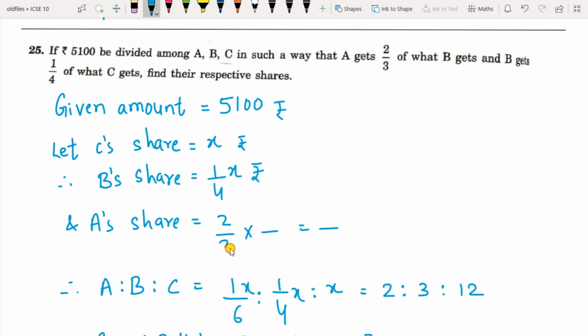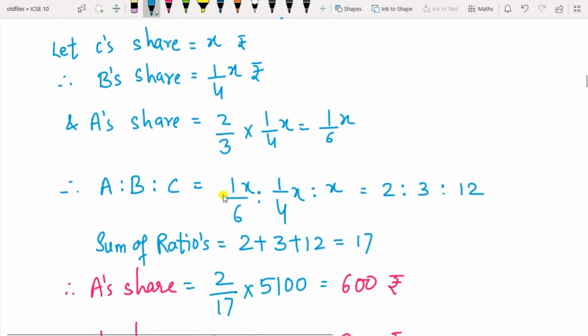Here 2/3 of means multiplication, of what B gets. On solving you will get 1/6x, that is A's share. So for A it is 1/6x, for B it is 1/4x, and for C it is x, meaning 1x. On taking the LCM and solving it, you get A:B:C as 2:3:12.